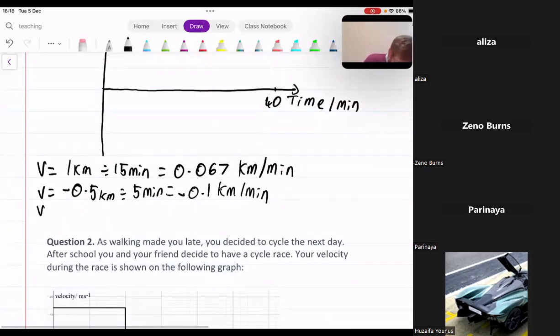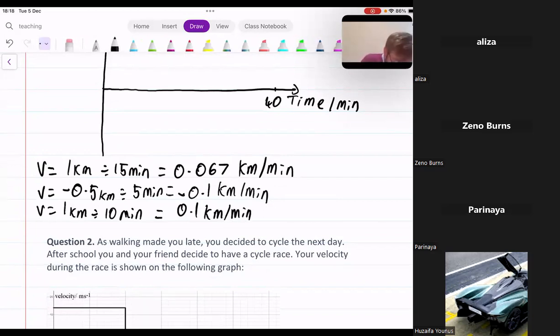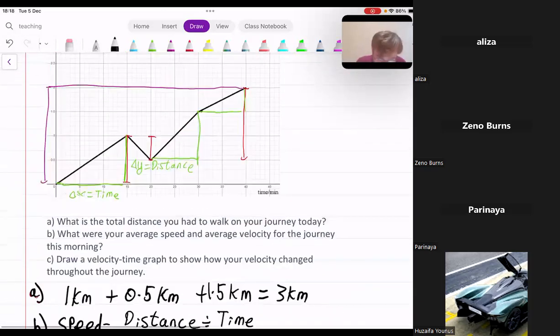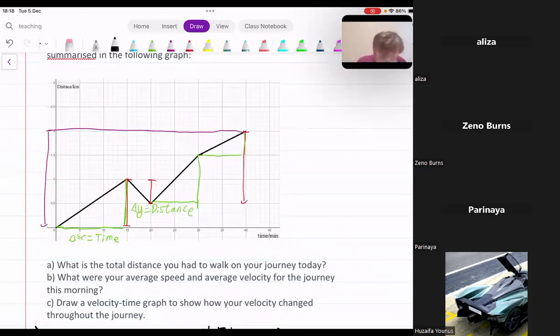So we have 1 kilometer divided by 10 minutes equals 0.1 kilometers per minute. And then finally, for the last one, we went 0.5 kilometer in 10 minutes.